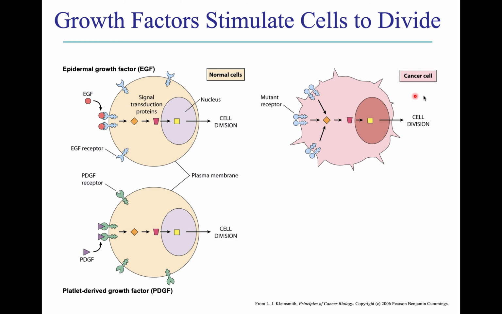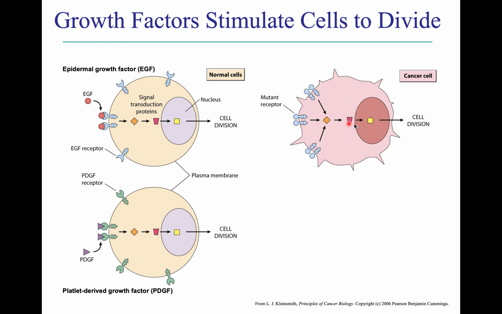And what we often see in cancer cells is this process is broken. It's kind of locked in the on position. So for example, in this particular example, the receptor protein itself has become mutated so that it no longer needs to receive that growth factor signal.